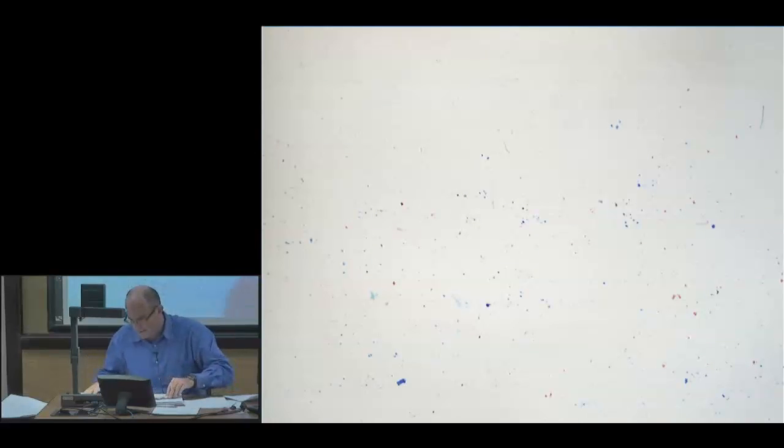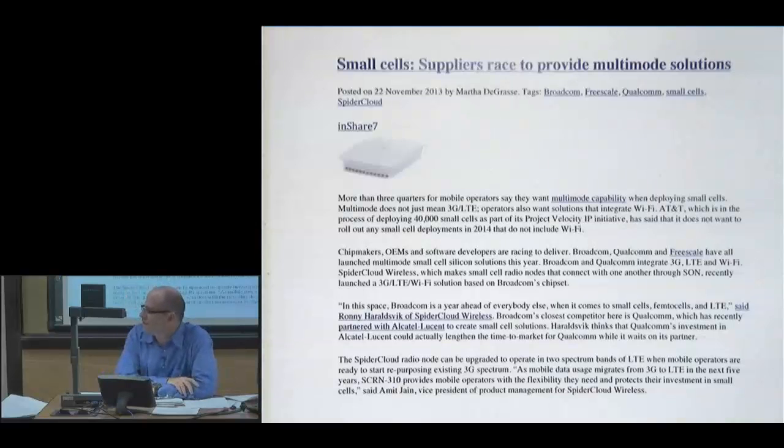Let's take one break here, using my favorite RCR Wireless website. It's my go-to place for finding news about wireless, especially when preparing for class. This is an interesting article about the interest in fitting small cells with Wi-Fi.